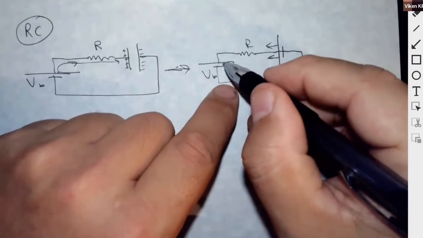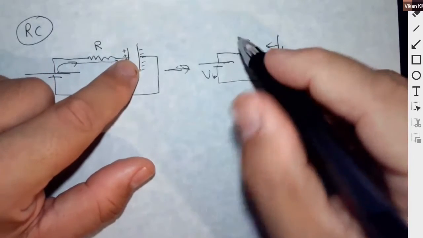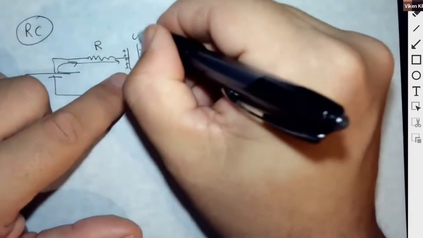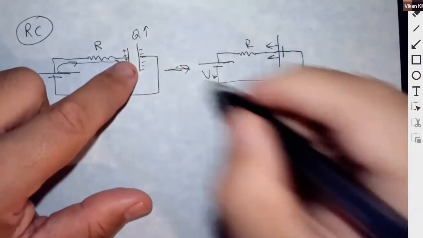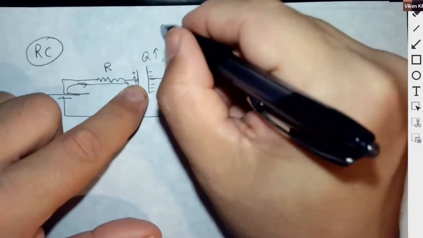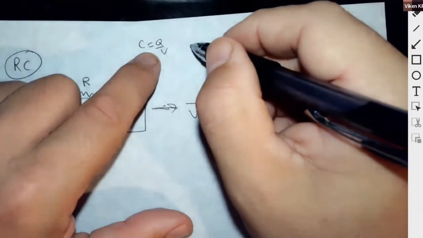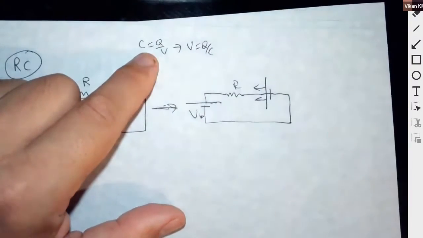So it acts as if it's a battery that's fighting against the current of the original battery, you see. So we would expect, as the charge builds up, the voltage to also build up. I'm expecting the charge as a function of time to increase. Because C is equal to Q over V for the capacitor, voltage is equal to Q over C, right?